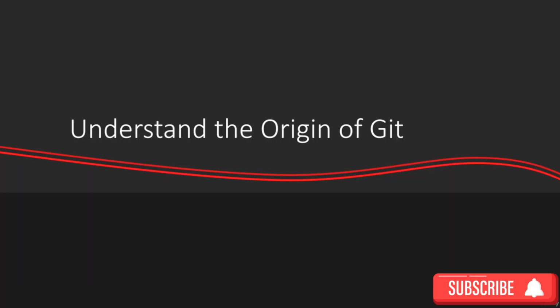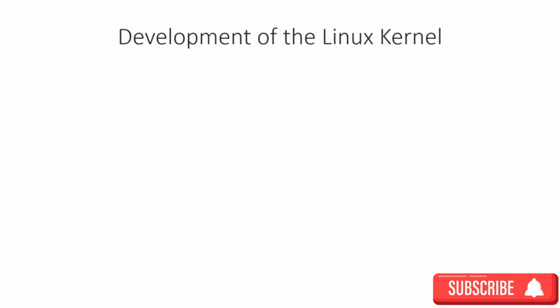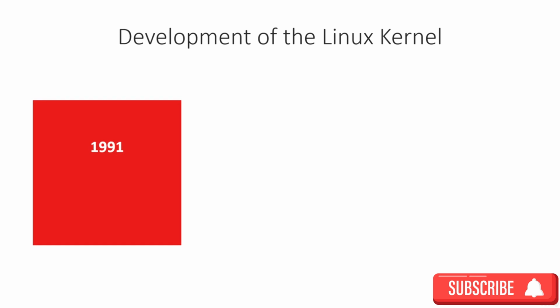To understand the origin of Git, we must take a look at the development of the Linux kernel. The Linux kernel is the core of the Linux operating system. Linux was released in 1991. Back then, they didn't use a version control system.